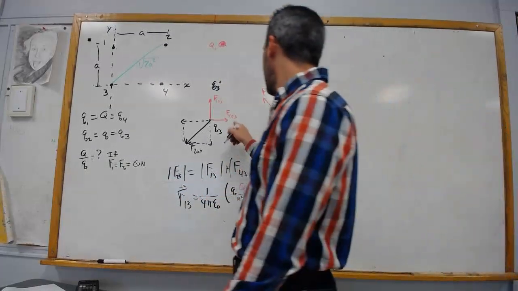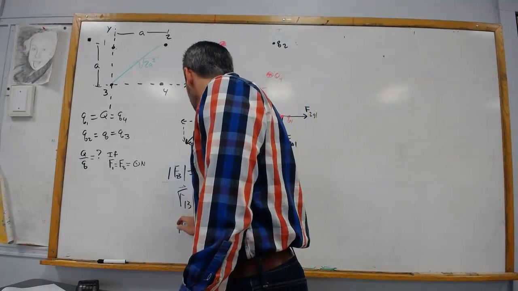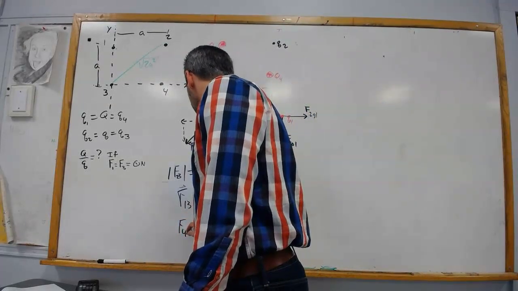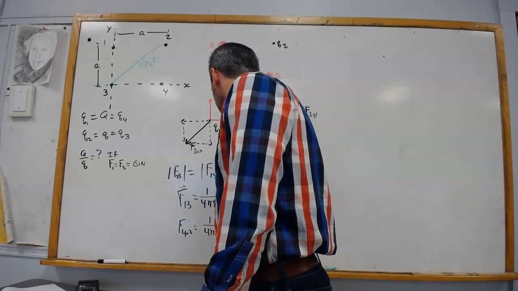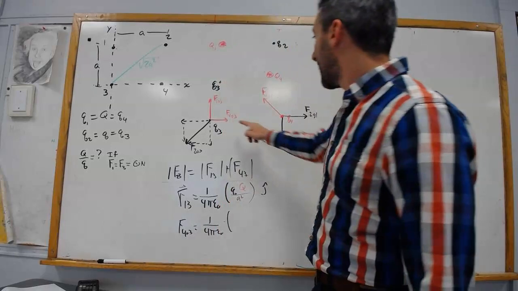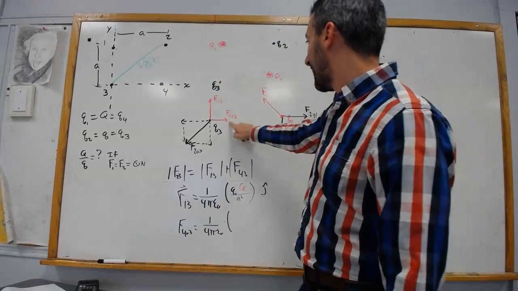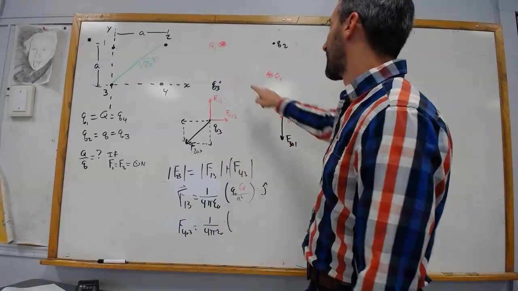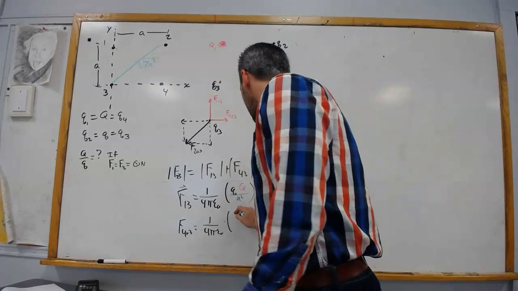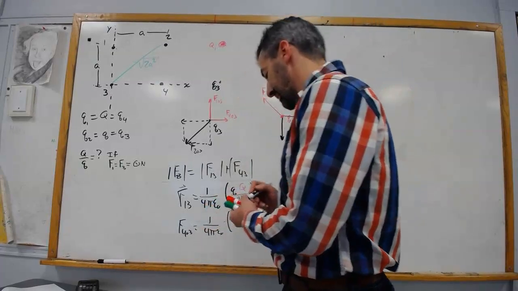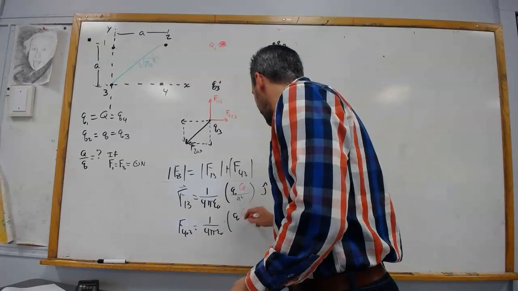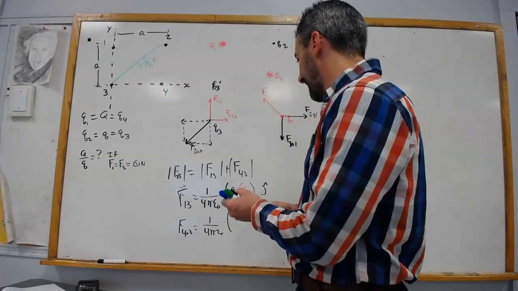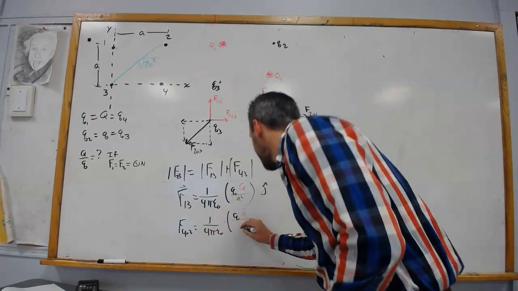Next, I can do F43. F43 is equal to, again, 1 over 4 pi epsilon 0 times, I've got the same thing here again. I've got a red and I've got a black. In other words, I've got a big Q and a little q, divided by, again, an a squared.